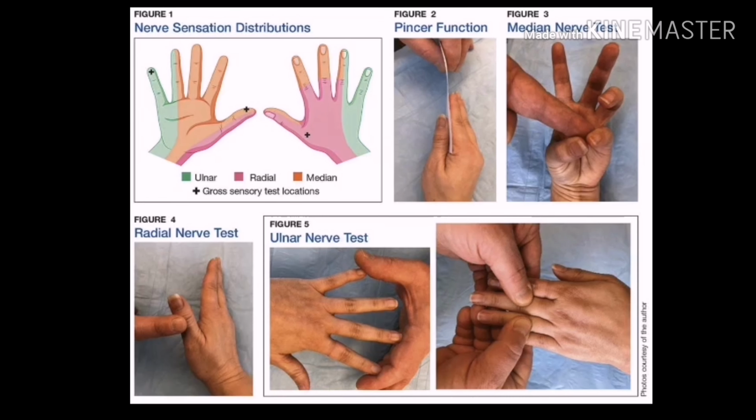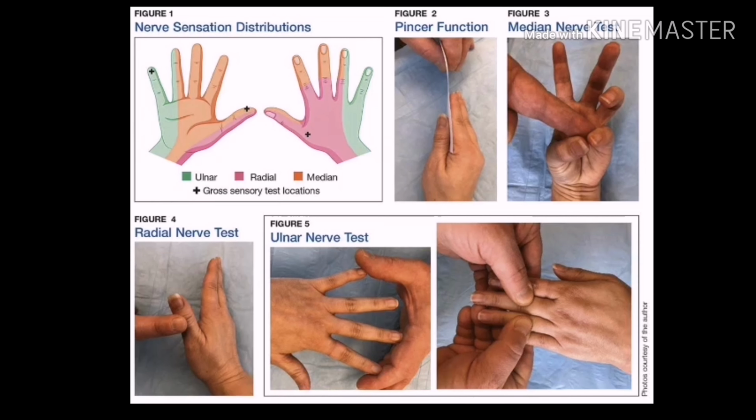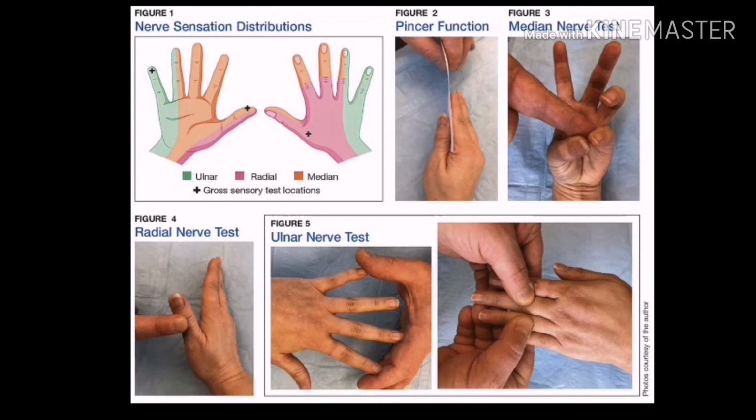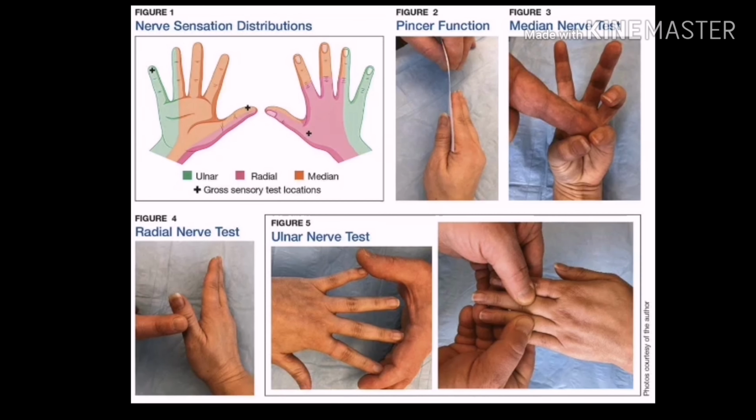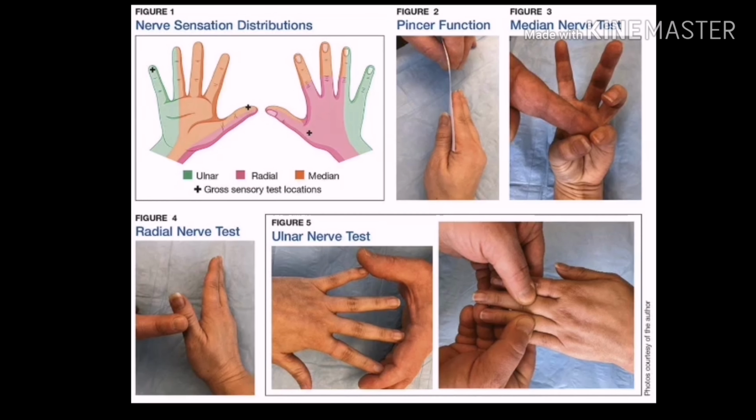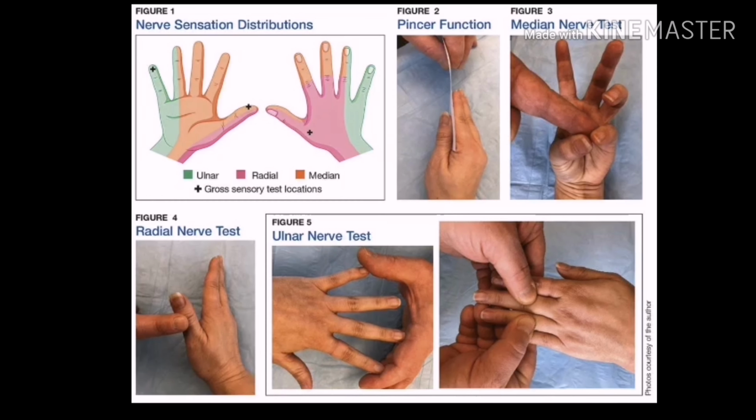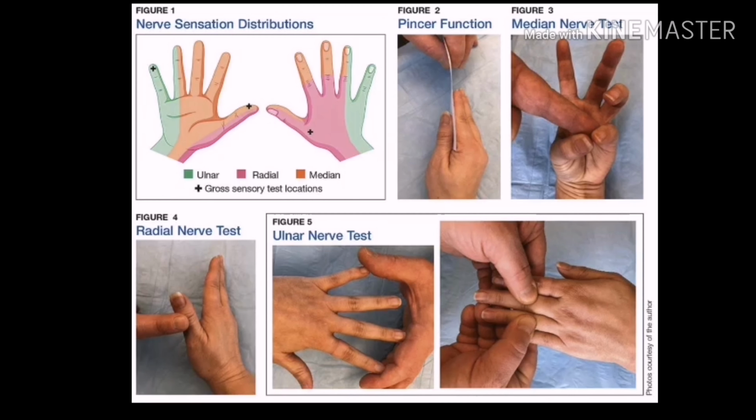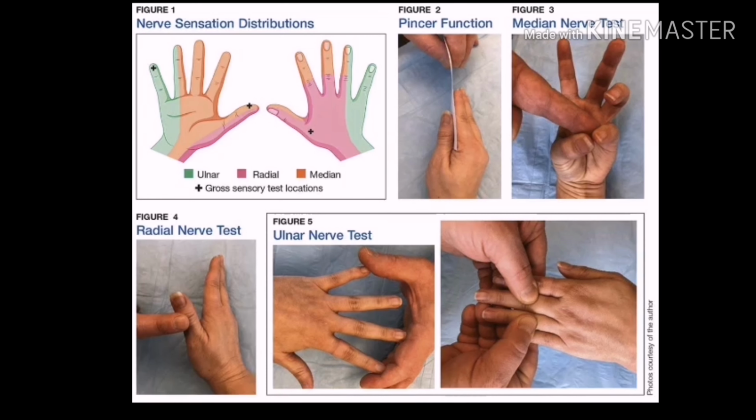You have to examine the neurology: for the median nerve, by testing opposition of the thumb with the little finger; for the ulnar nerve, abduction and adduction of the fingers; and for the radial nerve, extension of the thumb, and nerve sensation, you know it. Following manipulation, perform serial neurovascular examination.